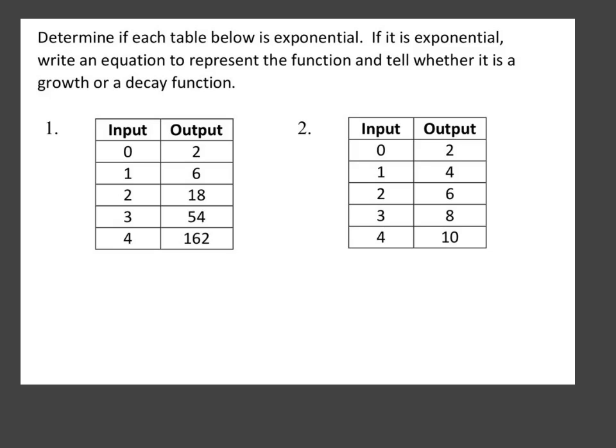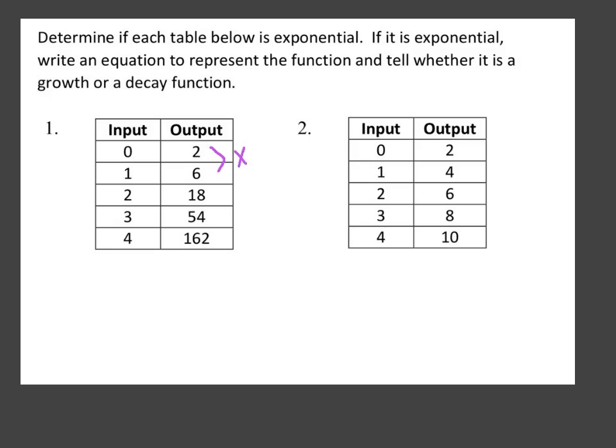Well, when I look at table 1, the first thing I notice about all these output values is that they start at a small number, 2, and get to a large number, 162, very quickly. And I know that exponential functions grow very quickly. So I'm hoping that this is going to be exponential. So I'm going to look from the number 2 to the number 6 and see if there's something that will easily multiply from 2 up to 6.